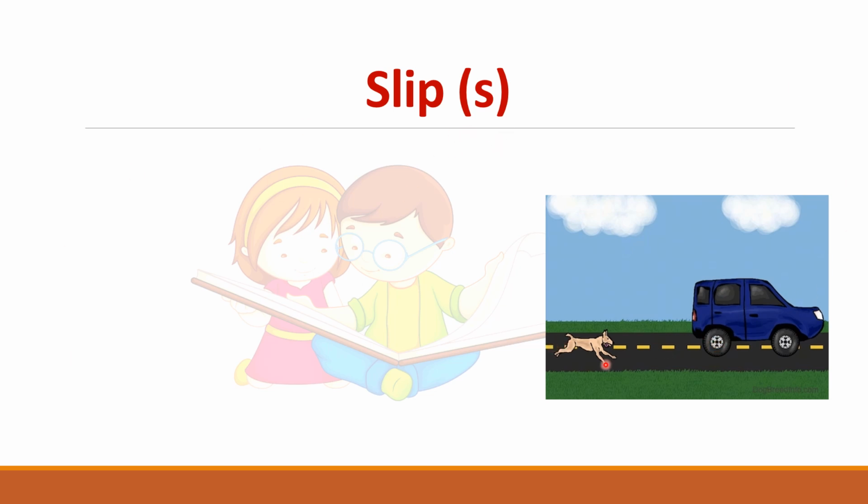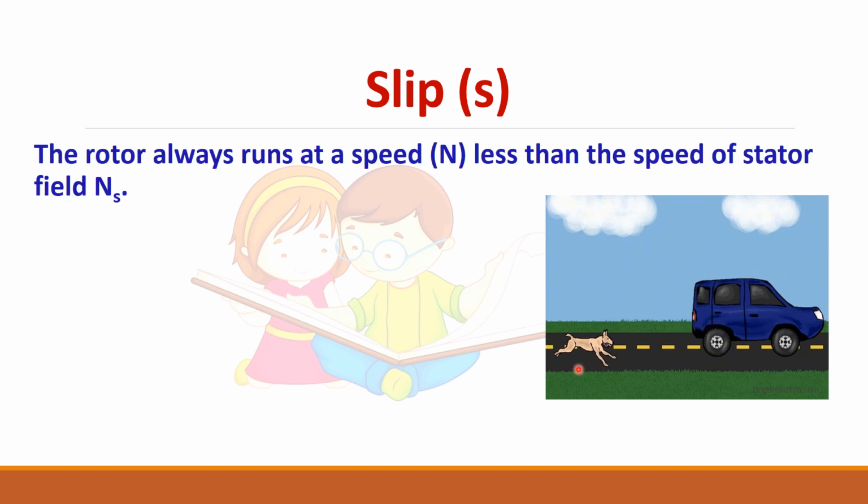You see this picture where a car is moving and a dog is chasing the car. Let us assume that this car is the stator, which is running at a speed of Ns, the synchronous speed. So this car is running at a constant speed of Ns, and the dog's speed depends on the requirement, so it is running at a speed of N. This dog speed is called the rotor speed or motor speed.